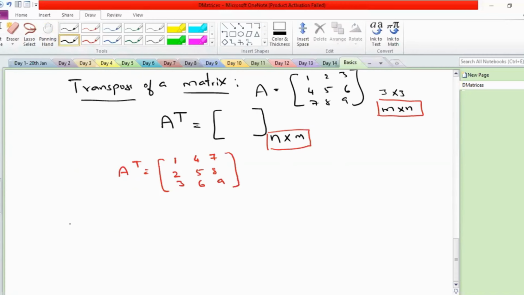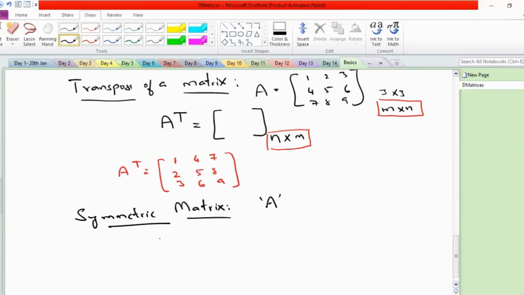Okay. Now, another definition, symmetric matrix. What is this symmetric matrix? Suppose you have a matrix A. When do you call a matrix a symmetric matrix?